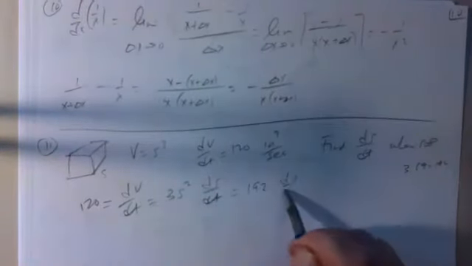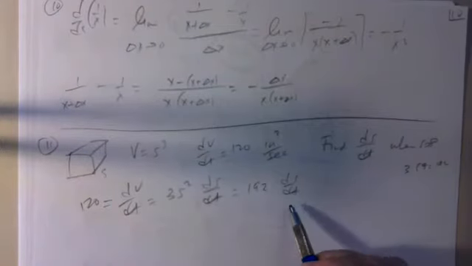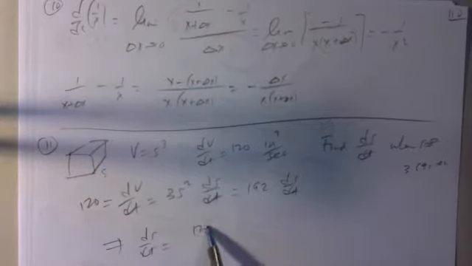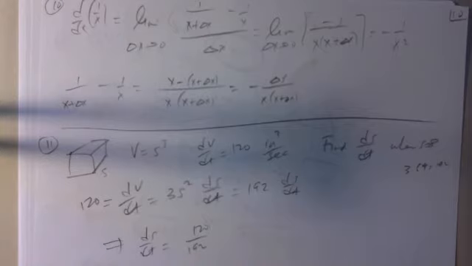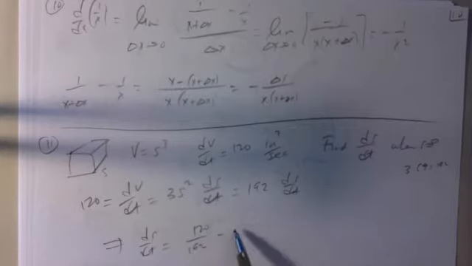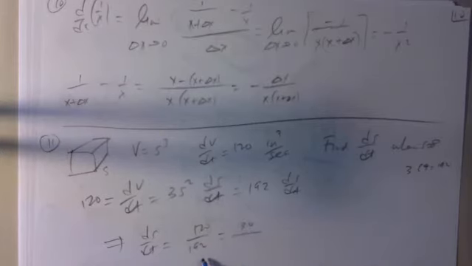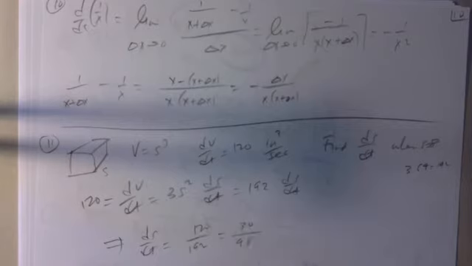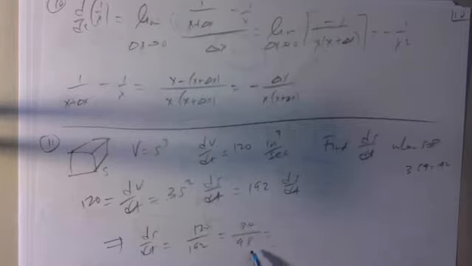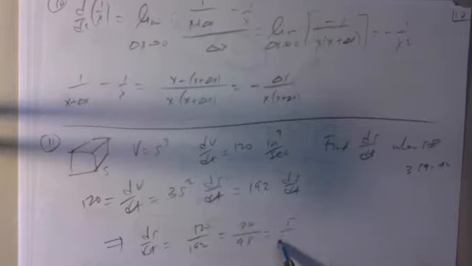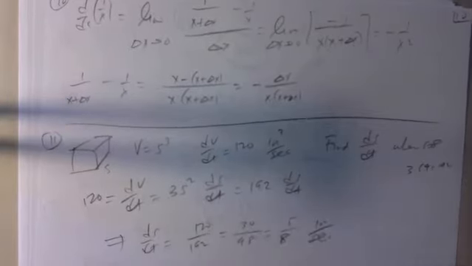This is 192 ds dt, which means ds dt is 120 over 192, which if we reduce this to lowest terms, you can divide 4 into each thing, 30 over 48. And I can divide 6 into these, 5 over 8. So 5/8 inches per second.